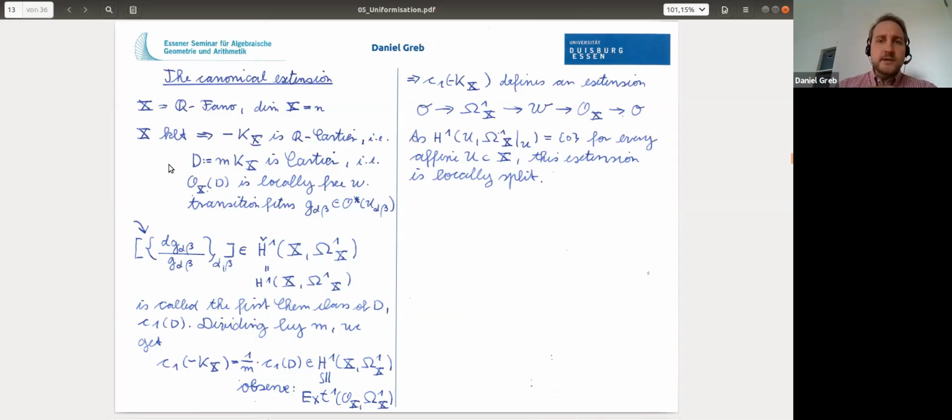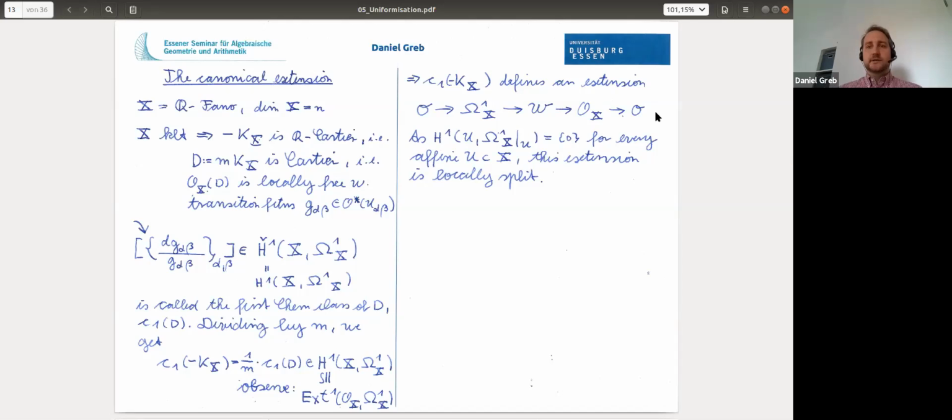If I take any affine open subset in X, then of course, because it's affine, H1 of U with values in the restriction of Omega 1 is 0. But this means that if I restrict this extension to this U, the extension class will become 0, and so the extension will split.